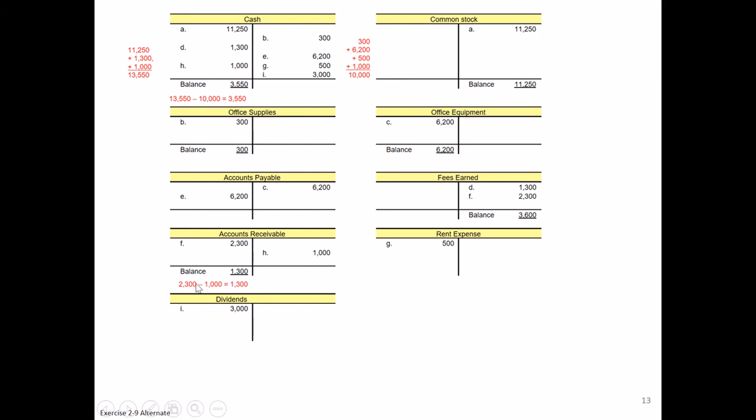Because the debits are greater than the credits, that leaves us with a resulting debit balance of 1,300. That's what our customer still owes us. Rent expense, only one debit of $500. And dividends, very similar, had one entry. This one, though, for $3,000, so we end up with a resulting $3,000 balance.